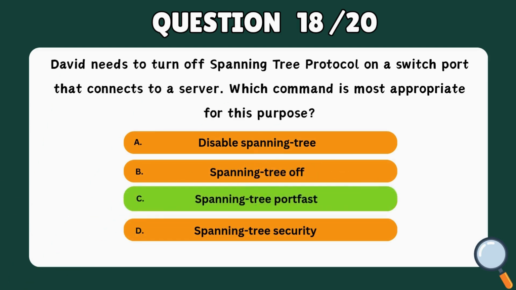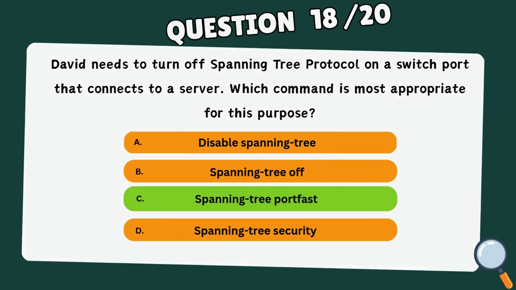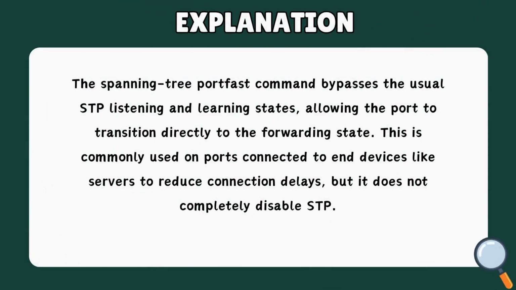Correct answer, C. Spanning tree portfast. The spanning tree portfast command bypasses the usual STP listening and learning states, allowing the port to transition directly to the forwarding state. This is commonly used on ports connected to end devices like servers to reduce connection delays, but it does not completely disable STP.